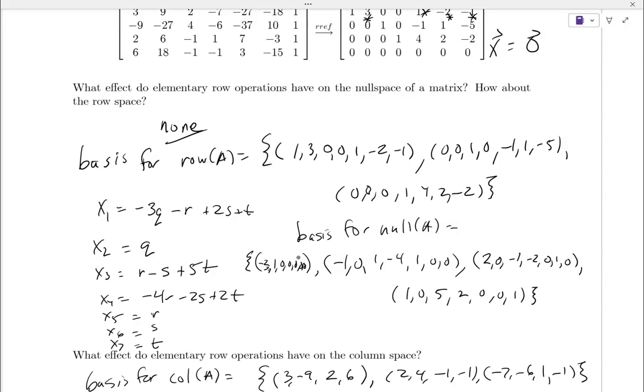Even though they're in different spaces, these vectors live in R7 and these vectors live in R4, there's the same number of them. So the column space and the row space have the same dimension, and our rank for the matrix would also be 3.